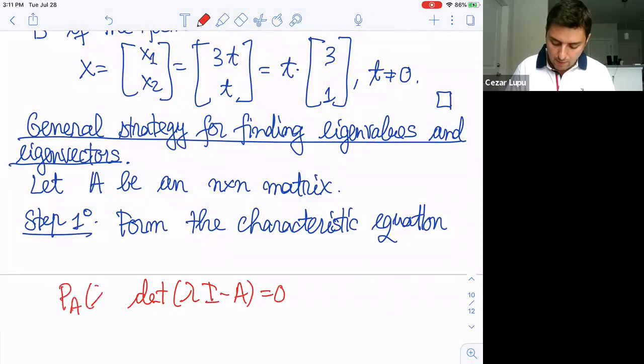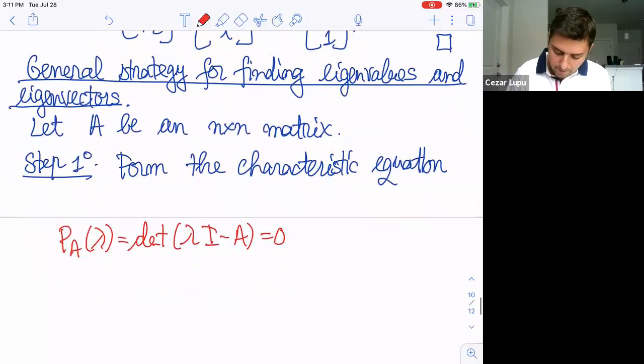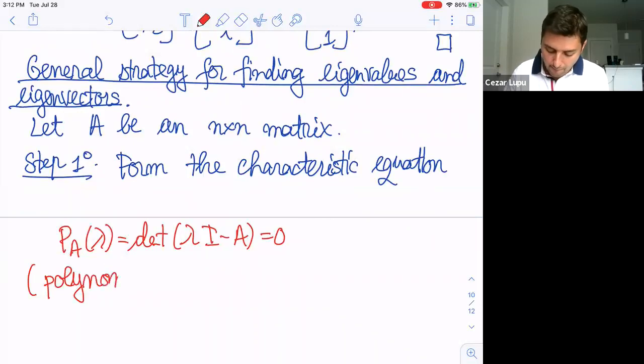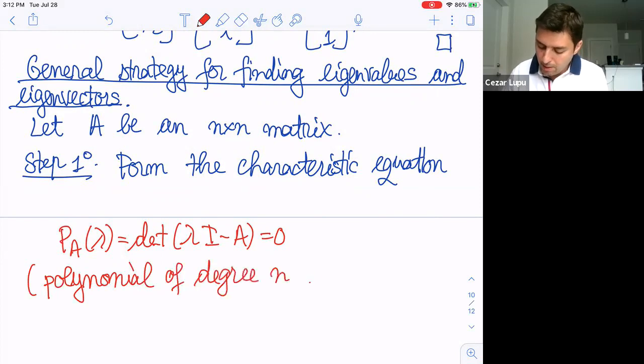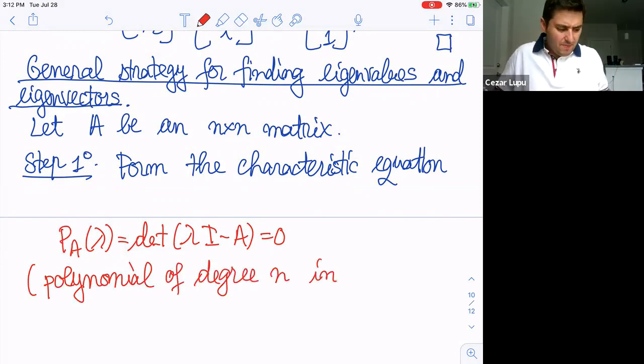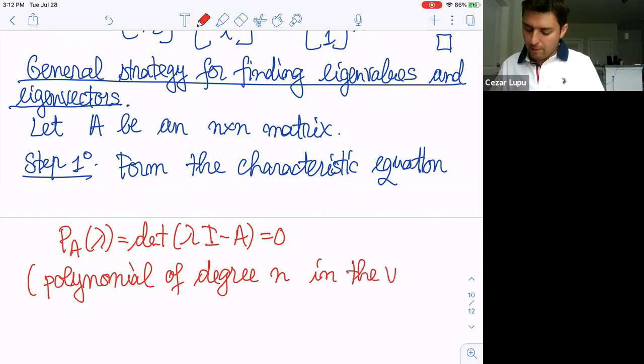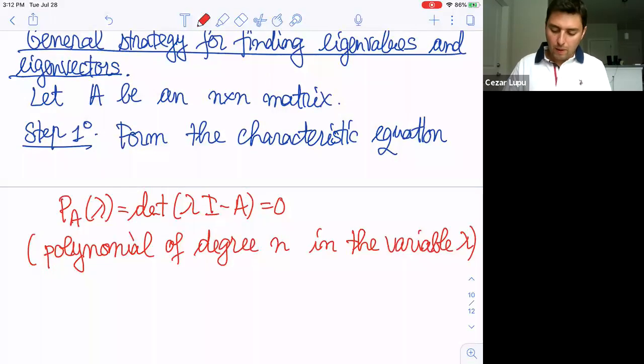And keep in mind that this is nothing other than just equating the characteristic polynomial with 0, right? So we first form the characteristic equation, and like I said, the characteristic polynomial is a polynomial of degree n in the variable lambda. Okay, so this is step 1.